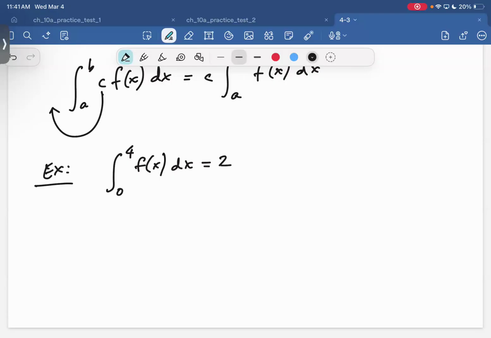That's telling us that the area under f of x, so the area in between the x-axis and f of x between 0 and 4 is going to be 2, right? So that means if we switch the limits of integration, we're going to have a negative area now. It's going to be negative 2, right?